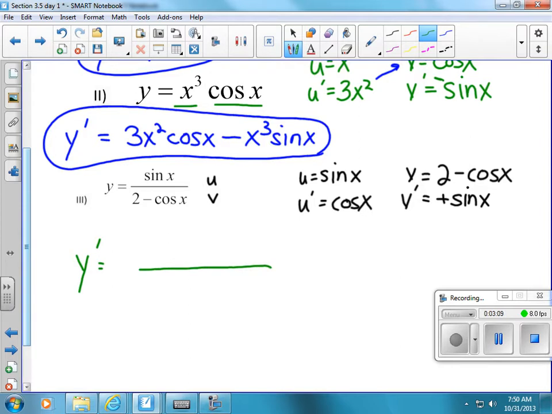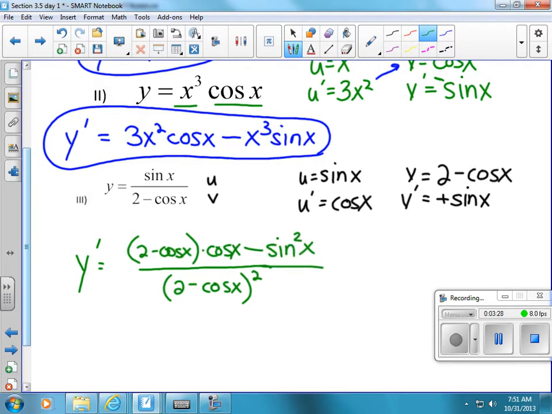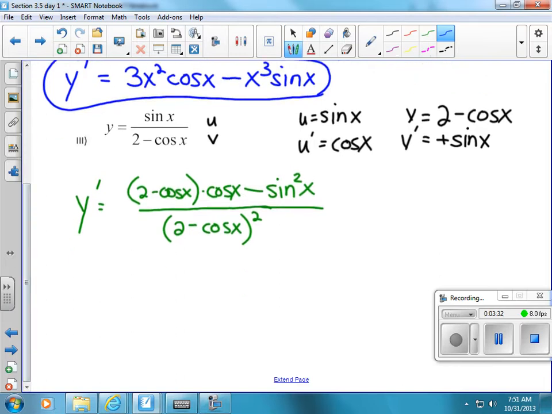First we have the v on the bottom, squared, (2 minus cosine x) squared, and then we start with the v on the top, (2 minus cosine of x) times cosine of x, minus sine times sine. That's a sine squared of x. All right, we can do one little thing of simplifying here.